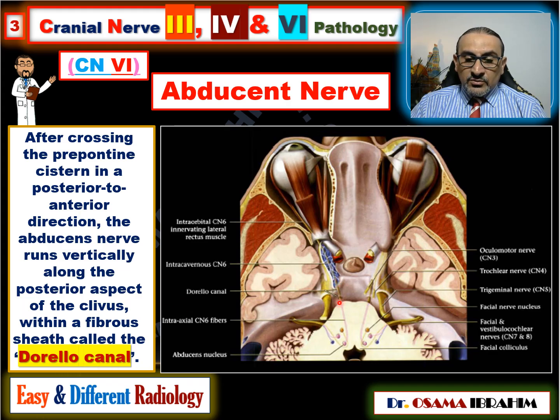The Dorello canal is one landmark of passage of this cranial nerve, the abducent nerve, cranial nerve 6. If there is any pathology in the petrous bone, the clivus, or the clinoid process, like tumors or other lesions, it could compress that nerve, causing pathology of the nerve and manifestations in the muscle it supplies, which is the lateral rectus muscle.